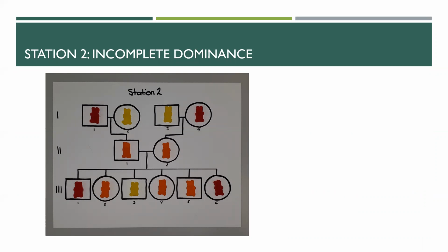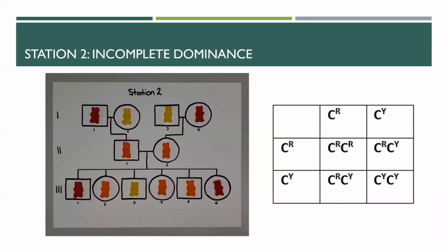The allele for red color is incompletely dominant over the allele for a yellow color, resulting in a blended expression, in this case, orange. The second generation gummy bears are orange, meaning they must have a heterozygous genotype with both the red allele and the yellow allele. We can draw a Punnett square to represent the possible combinations for the third generation.